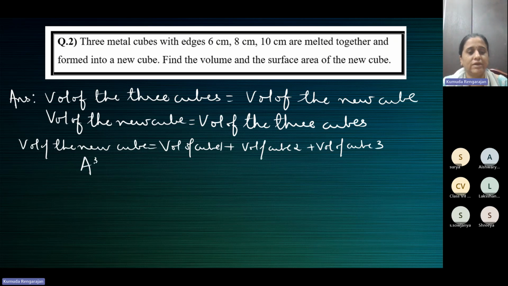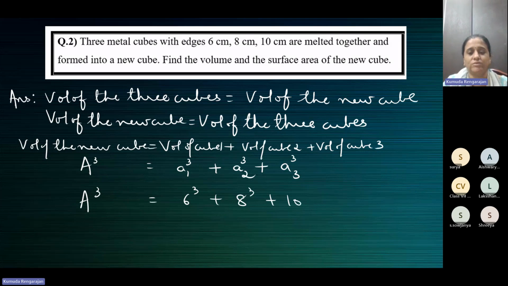All right, so A cubed is equal to volume of cube 1, A1 cubed, plus volume of cube 2, A2 cubed, plus volume of cube 3, A3 cubed.